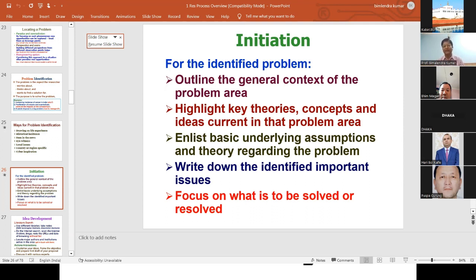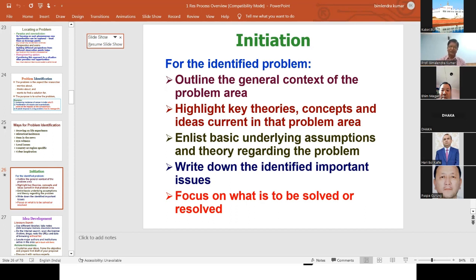Write down the identified important issues. You have to pinpoint and select some of the important issues which have been discussed and focus on what is to be solved and what is to be resolved. A researcher must be specific and pinpointed in interpreting or analyzing his research problem.